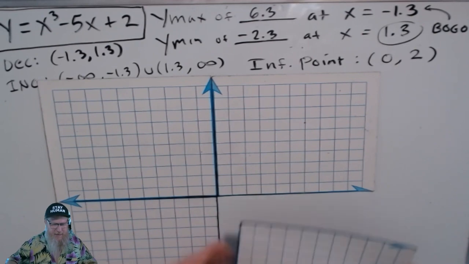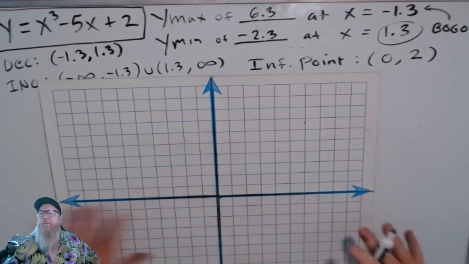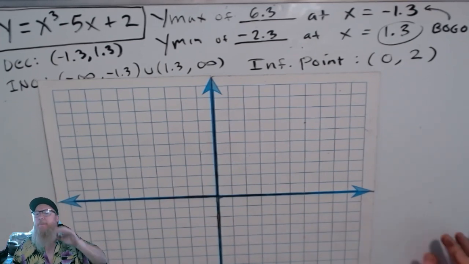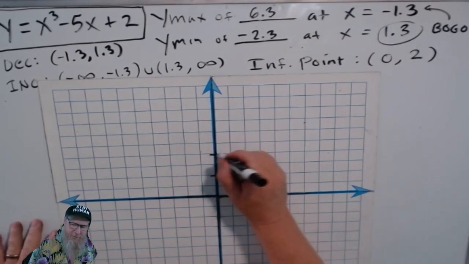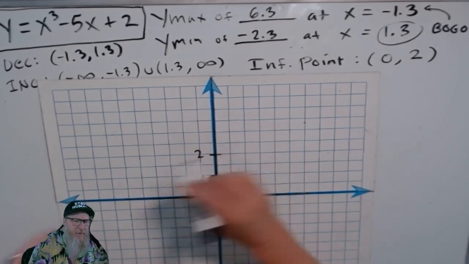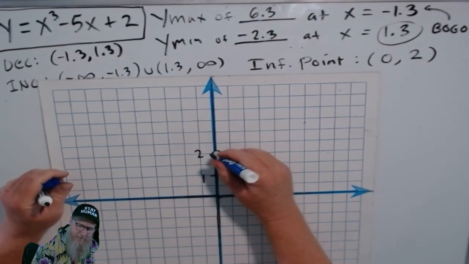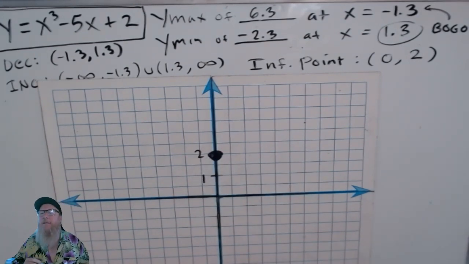Now, you don't get to choose your scale. I probably have the scale chosen for you, but I'll choose it appropriately so everything will fit. So let's see. We got the inflection point at 0.2, right about here. All right. What else do we know? We got a max.